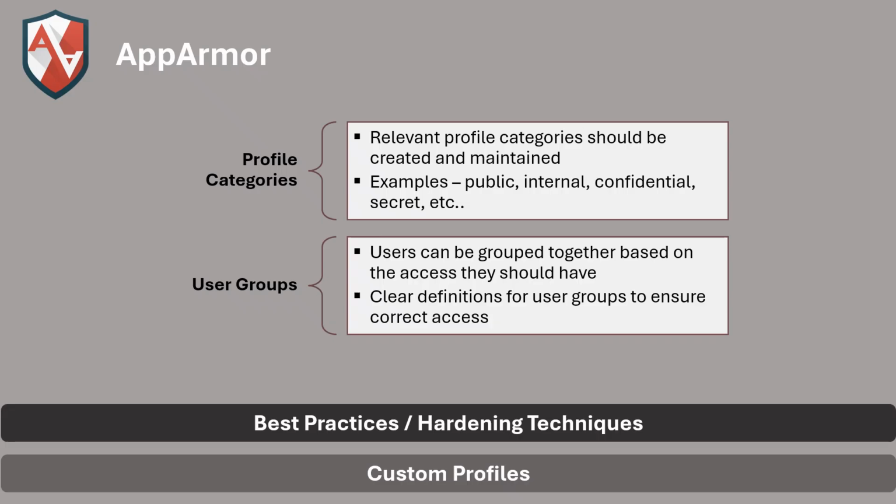These groups should be tailored to the specific needs of the organization. It is important that these profiles and user groups have clear definition based on a shared need for access. User groups that are too narrowly defined can lead to an administrative burden, while groups that are too broadly defined can compromise security.